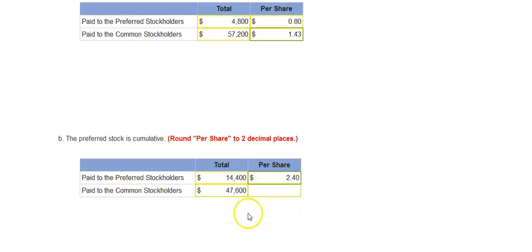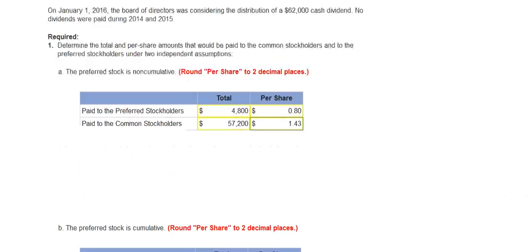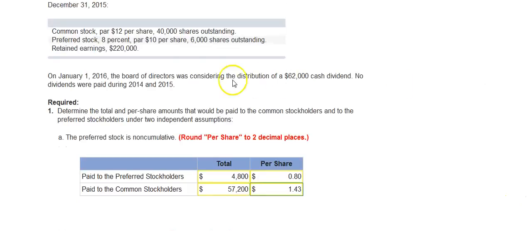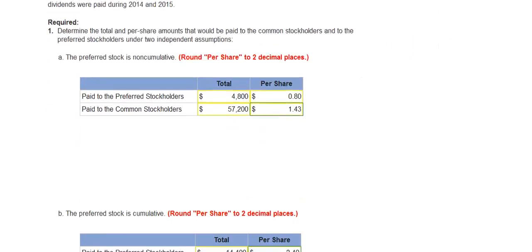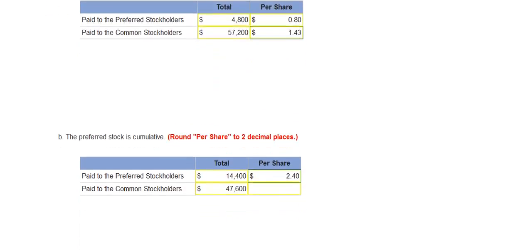And then for the common, $47,600 divided by the number of common shares, 40,000 shares, and that's $1.19 a share.